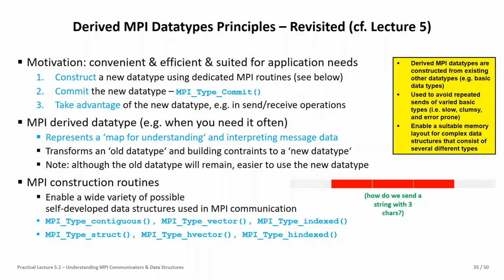Then you can really use it and say, if you want it once or twice or 3 times over the wire to the next processors, as you would do in a normal send and receive with the basic MPI types. Just instead, I use these derived MPI data types, which are much more advanced structures, as we will see in a moment.